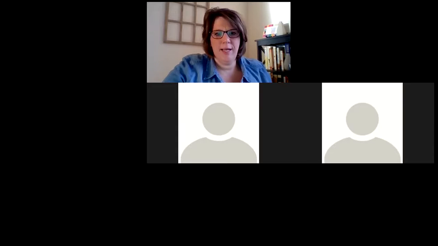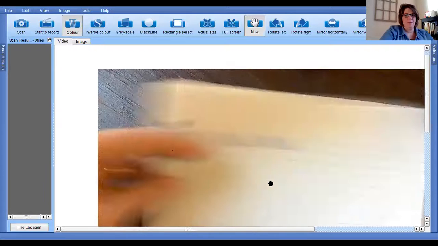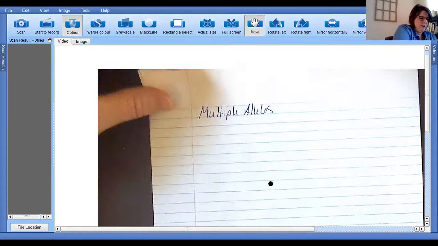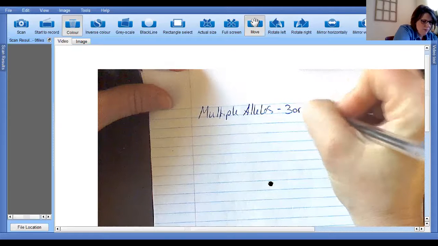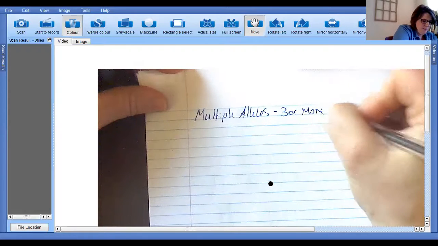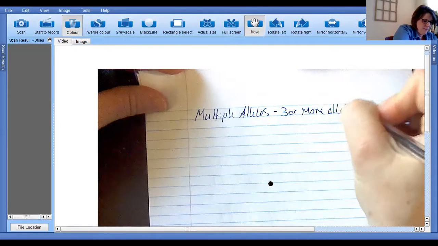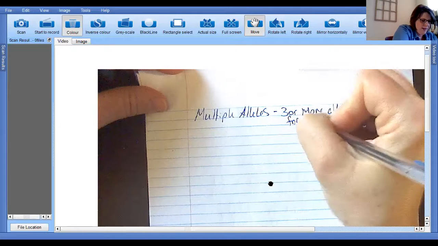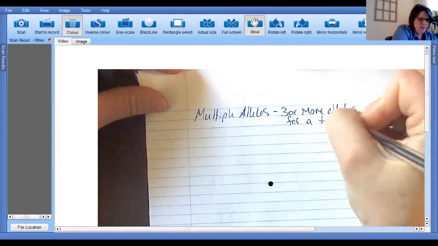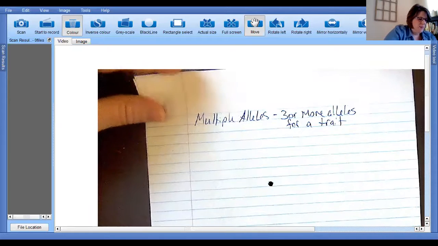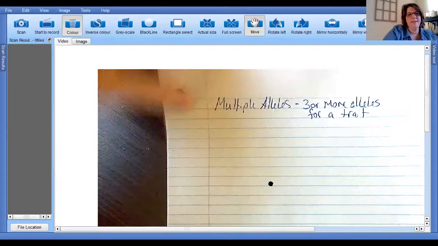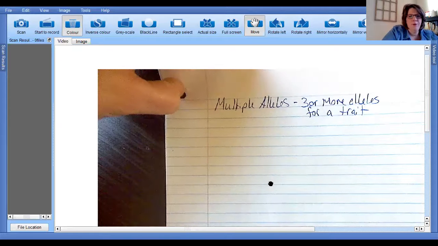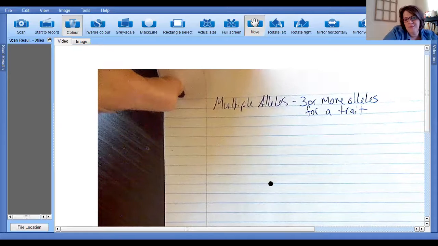But let's go ahead and look at an example of multiple alleles here. So three or more alleles for a trait. Okay, so in this case, let's talk about this example of fur color with chinchillas.